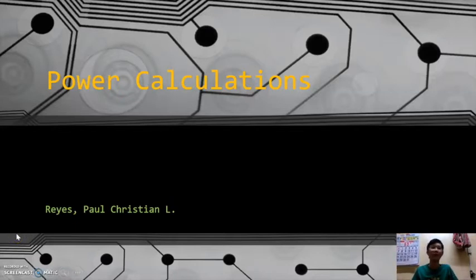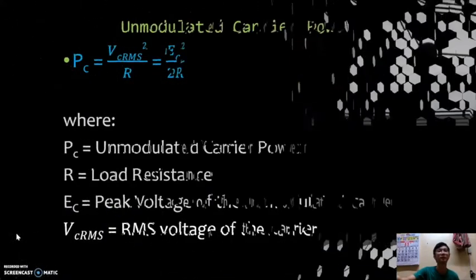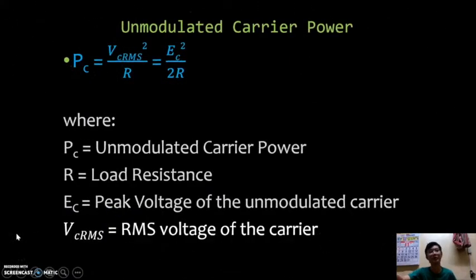Good afternoon. I'll be discussing the power calculations in amplitude modulation. So first, the unmodulated carrier power. The formula is P sub C equals V sub C RMS squared over R, equals E sub C squared over 2R, where P sub C is the unmodulated carrier power, expressed in watts.